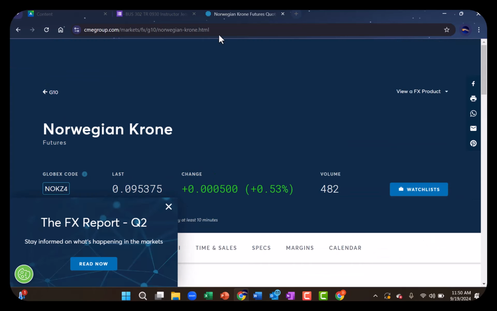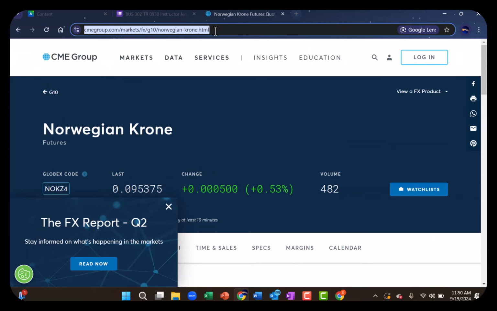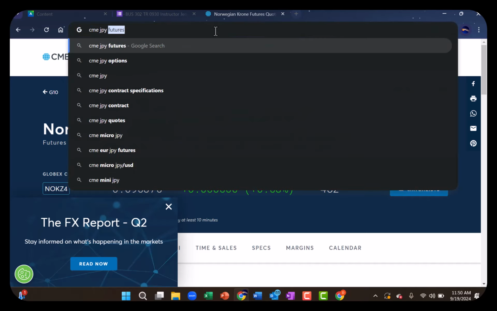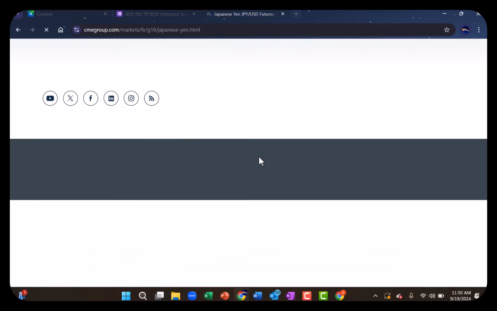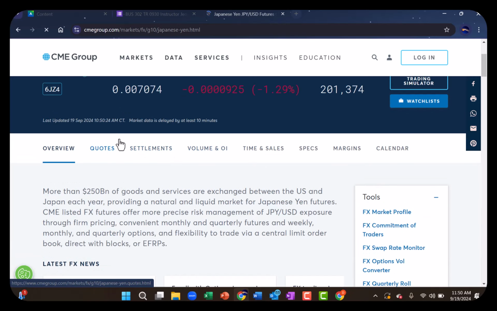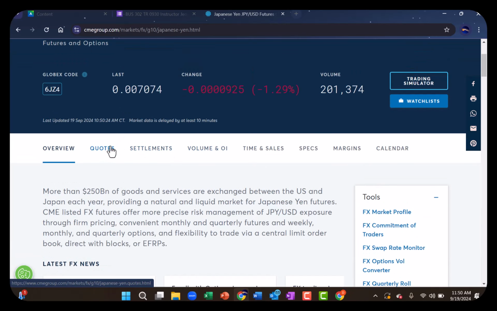Let's look at, for example, Japanese futures. The CME JPY futures. Again, this is only for visual shortcuts in a sense.